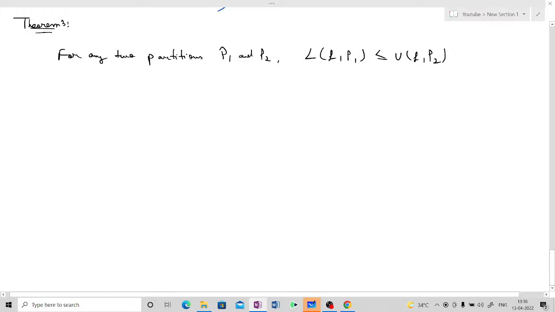Which can be simplified into a statement that no lower sum can exceed any upper sum.